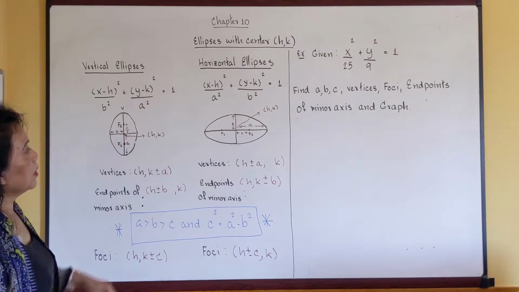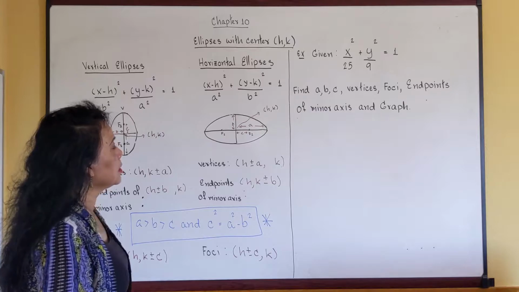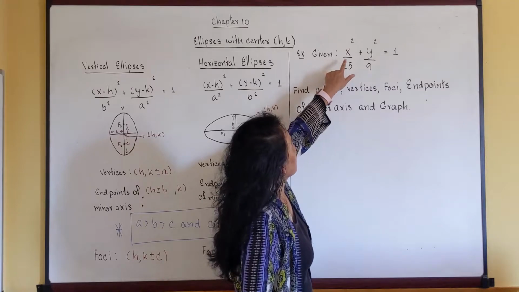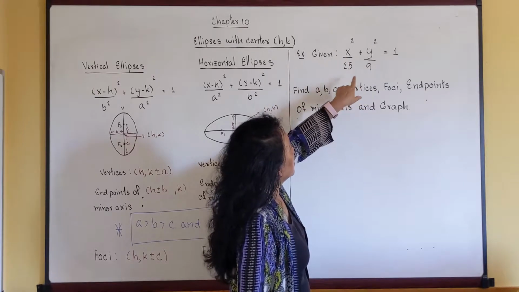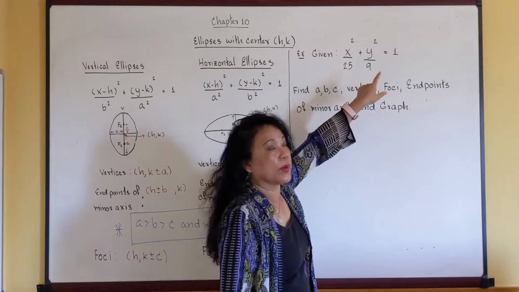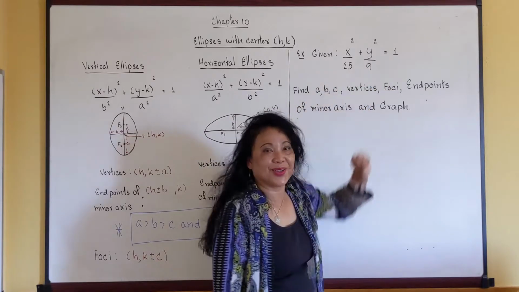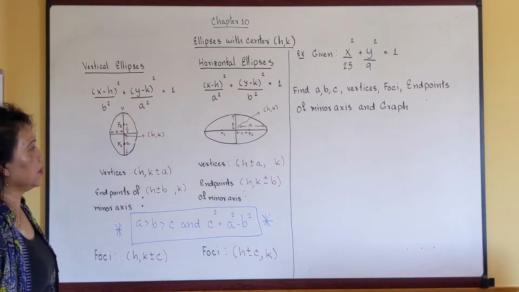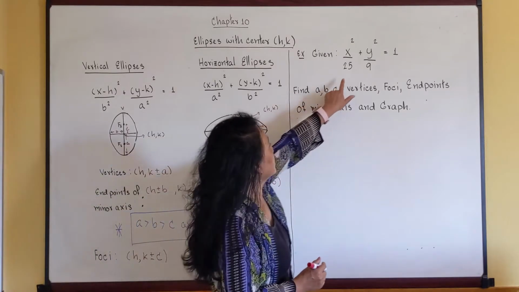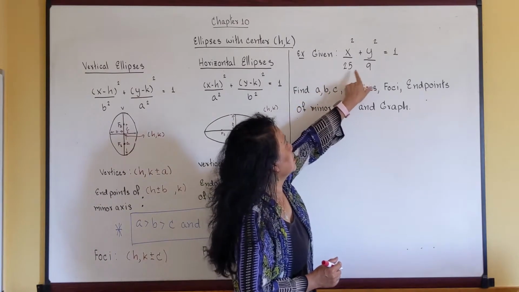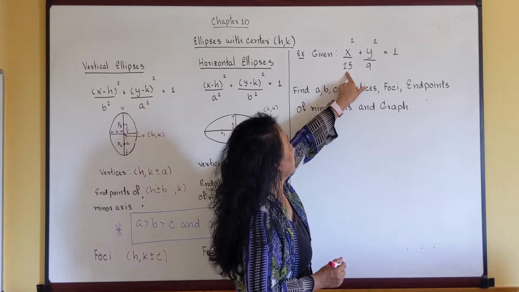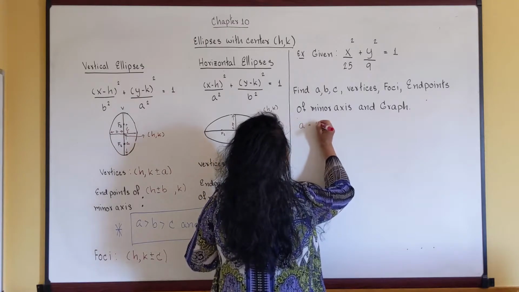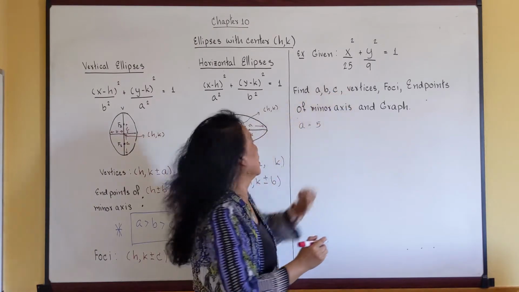My first example, given this equation, we know it is an ellipse, because if you write it, you have x minus 0 quantity squared over 25 plus y minus 0 quantity squared over 9 equal to 1. So that is an ellipse. We have to figure out what A, B, C, and so on are. A is the bigger number, so this should be A and this should be B. So A is 5, right? 5 squared is 25.